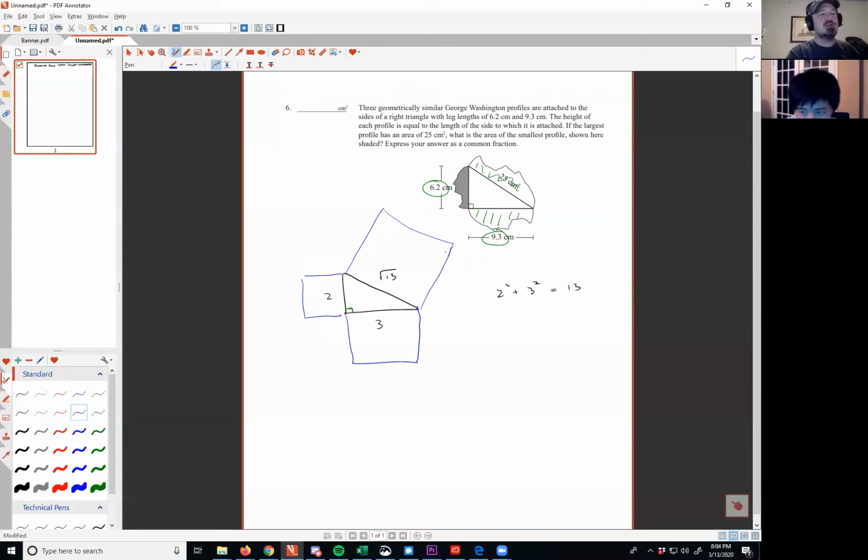Well, all squares are similar to each other. Yeah, that's true. But tell me, what are the areas? 4, 9, and 13.